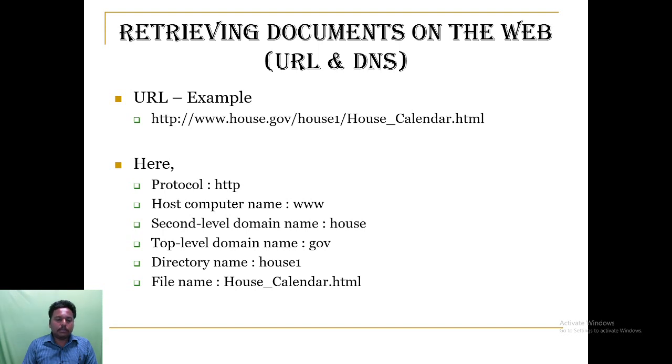The top level domain name indicates the area: for a governmental website .gov, for an educational institution .edu or .ac. Directory name is house1, file name is housecalendar.html. So we use this particular file through the URL link. What is the file name? housecalendar.html. Okay.